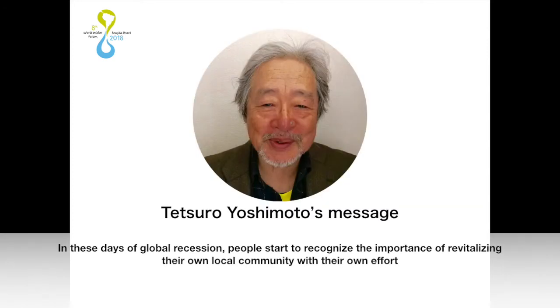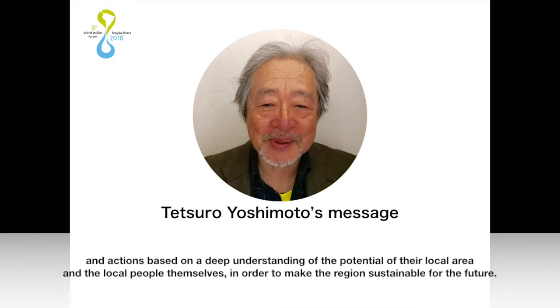In these days of global recession, people start to recognize the importance of revitalizing their own local community with their own effort and actions based on a deep understanding of the potential of their local area and the local people themselves in order to make the region sustainable for the future.